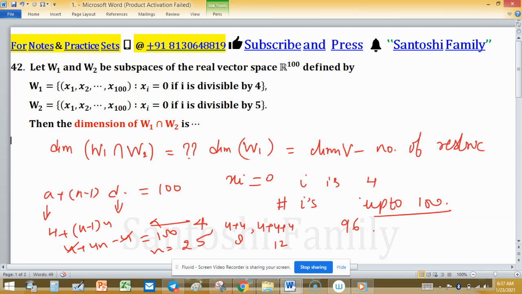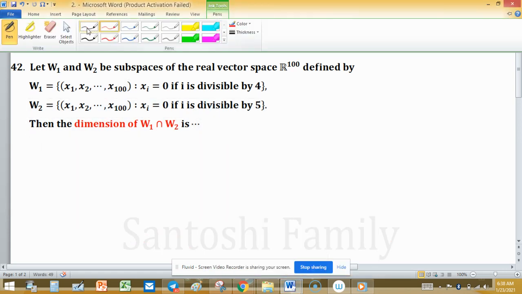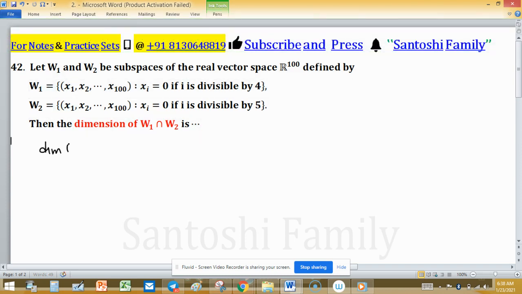So the dimension of W1 is 100 minus 25, equal to 75. Dimension of W1 is 75. Now you can find the dimension of W2 in a similar fashion. The least number is 5 and the largest number up to 100 is 100.